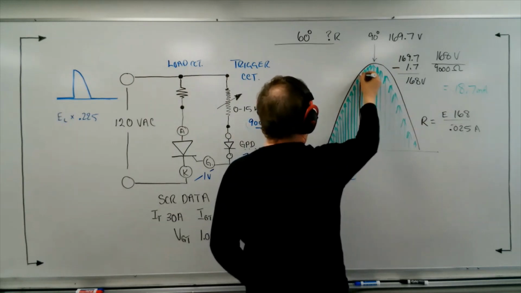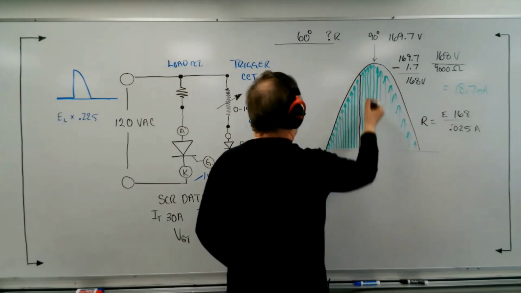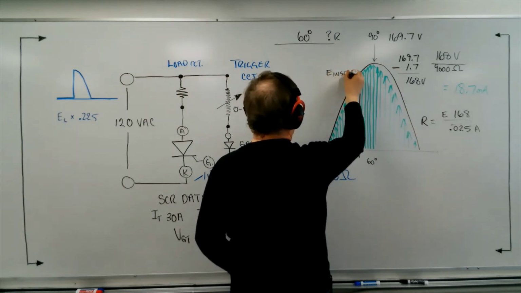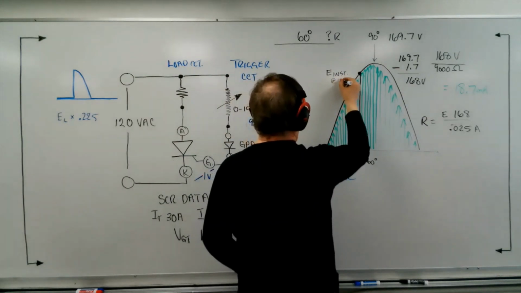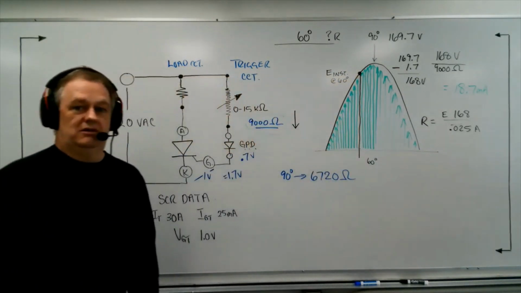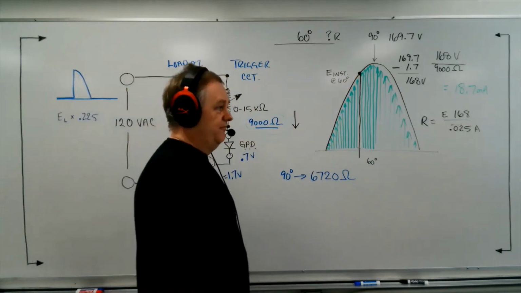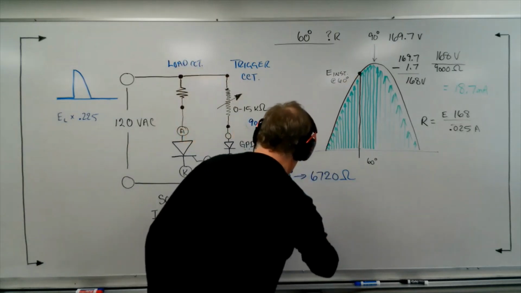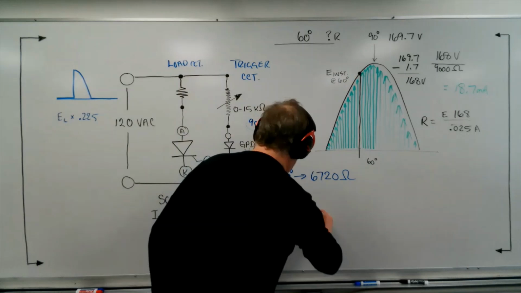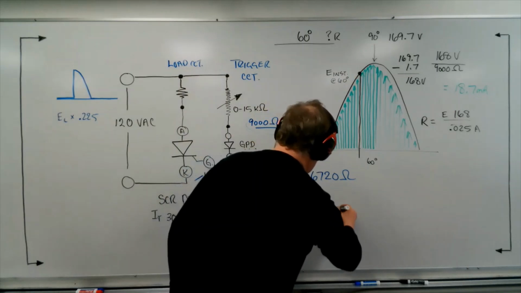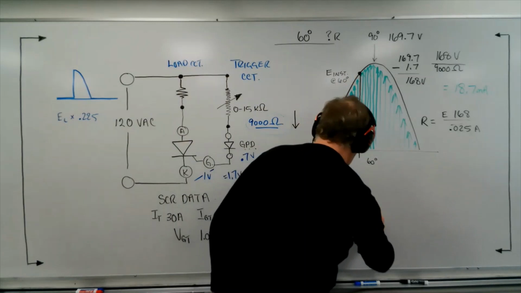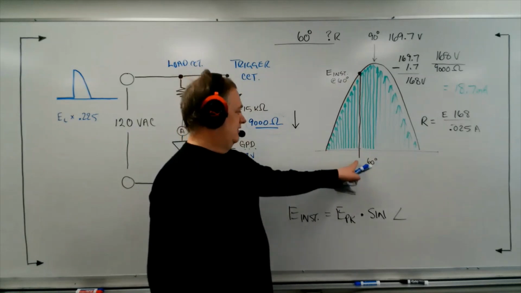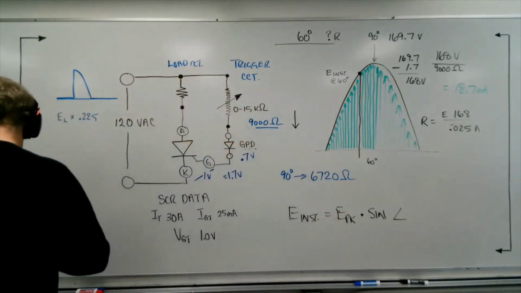If I want a firing angle right here of 60 degrees, the first thing I need to know is, what is E instantaneous at 60 degrees? Does everybody out there remember what the formula is to calculate E instantaneous? I'm going to write it down here. E instantaneous is equal to E peak times the sine of the angle, and in this case, the angle is 60 degrees.